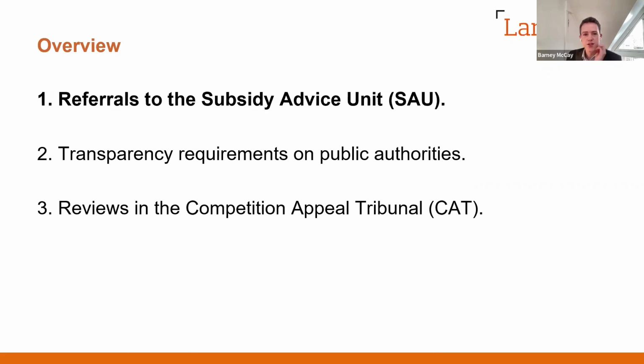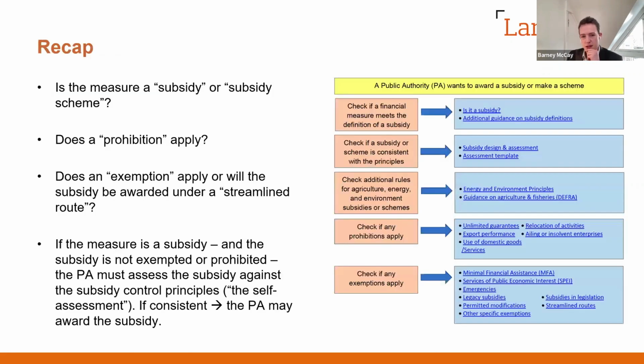So turning first to the Subsidy Advice Unit, I just want to recap. If we step back a bit, as James has already explained, the first thing that needs to be done is to consider whether the proposed measure is a subsidy or subsidy scheme. That involves the type of evaluation that everyone's familiar with under the previous state aid regime.